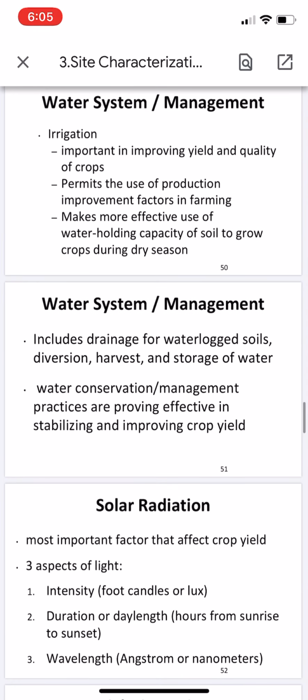For water system or management, irrigation is important in improving yield and quality of crops, and it permits the use of production improvement factors in farming and makes more effective use of the water holding capacity of soil to grow crops during dry season. So irrigation is very important.